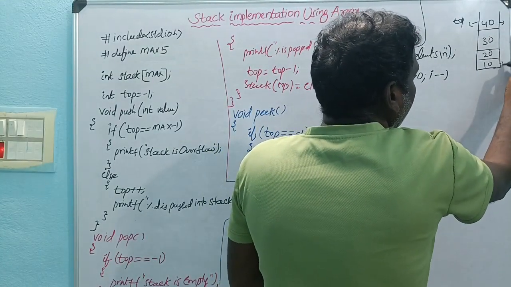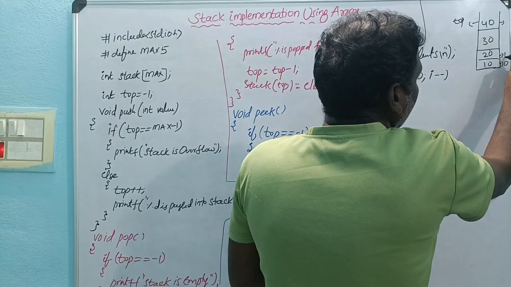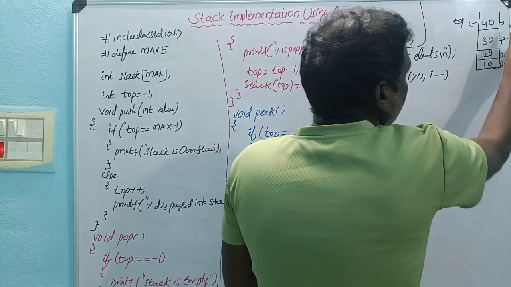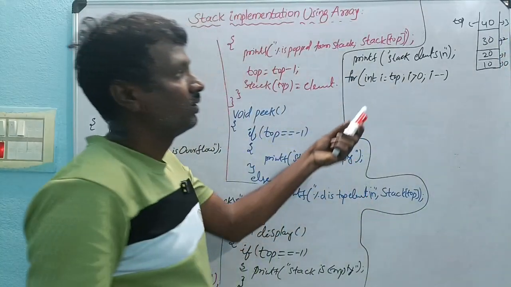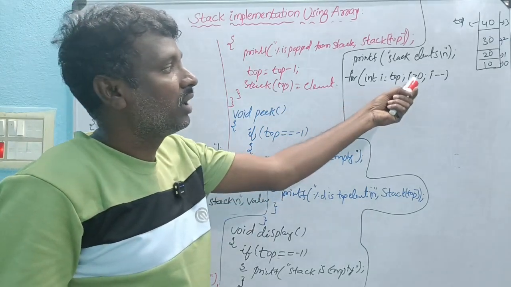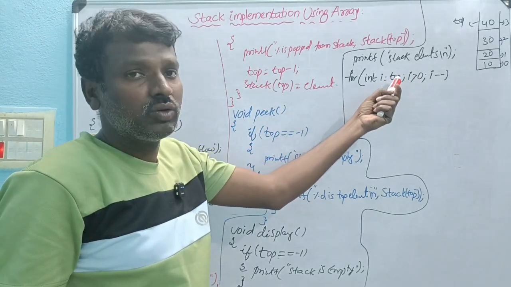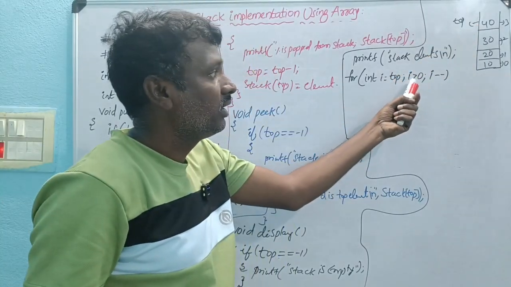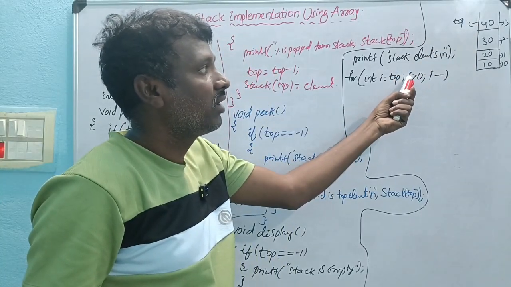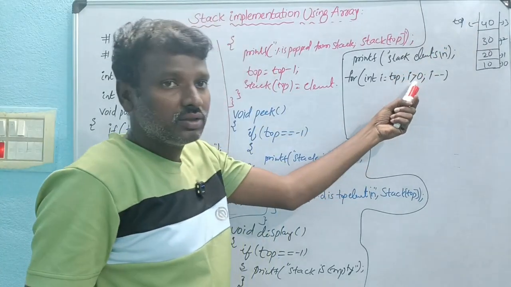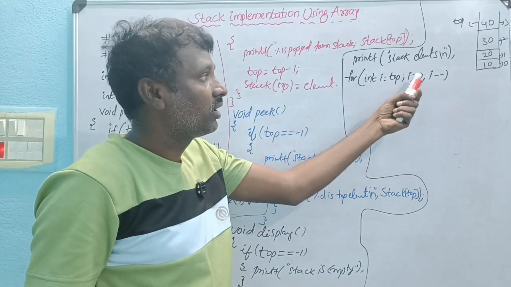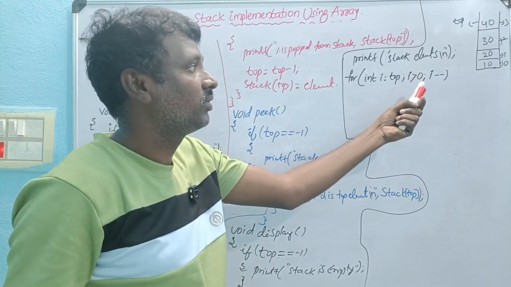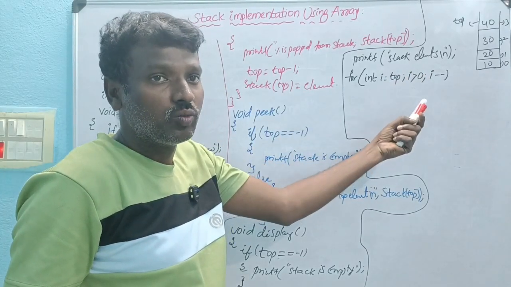So index values 0, 1, 2, and this is 3. Every time we take i equal to top, which is 40, at index value 3, and 3 is greater than 0. So it satisfies the condition, then displays the output.